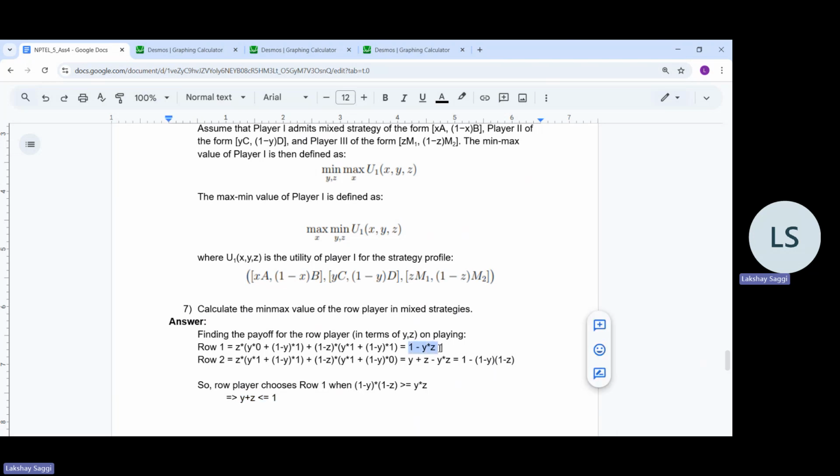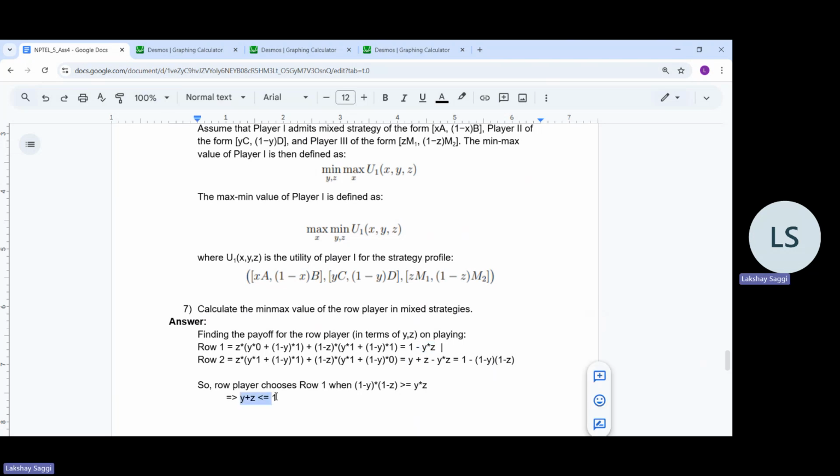So basically the 1 minus yz expression should be minimized, and for minimizing this, this other quantity should be maximized. What I mean here is something like this: I'm talking on a higher intuitive level because I think this will help us simplify matters a bit. So we are choosing y and z.